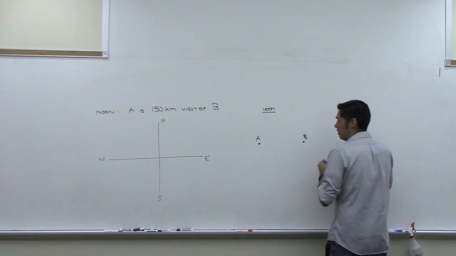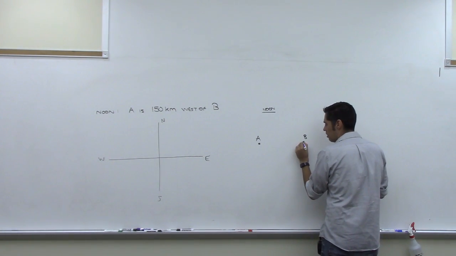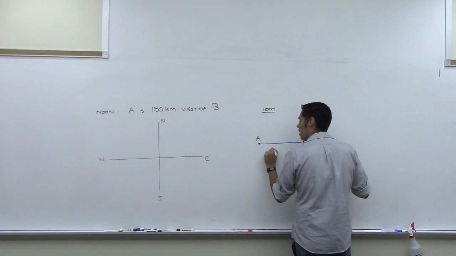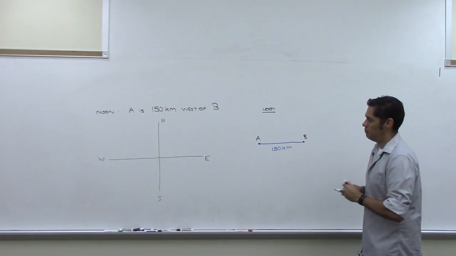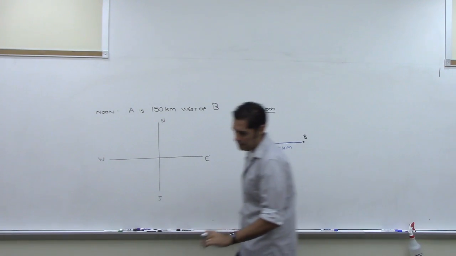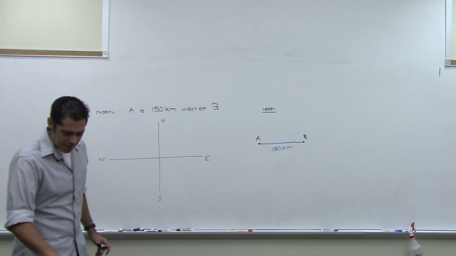And the distance, A is west of B, so west is that direction, so this is 150 kilometers. Okay, that's the start. All right, next thing. Ship A is sailing east at 35 kilometers per hour.